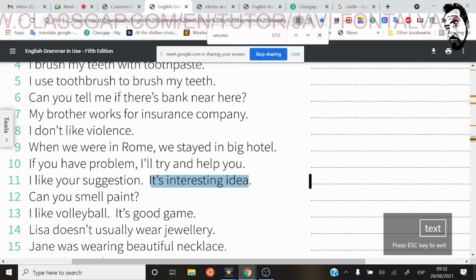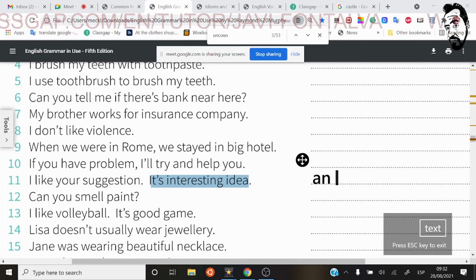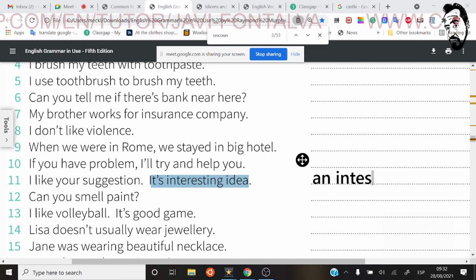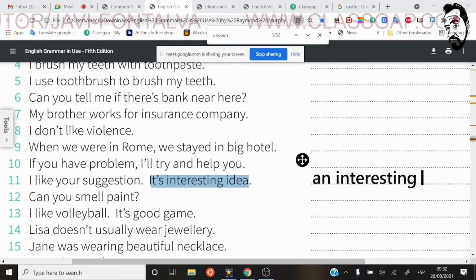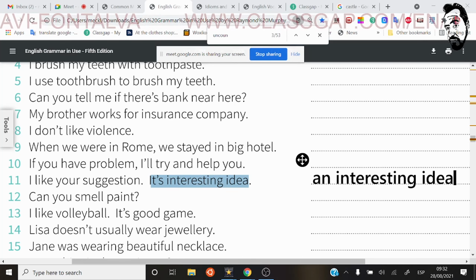We say it's an interesting idea. An interesting idea, okay?